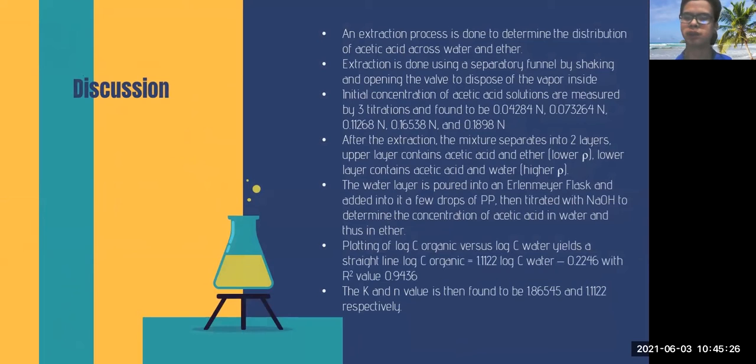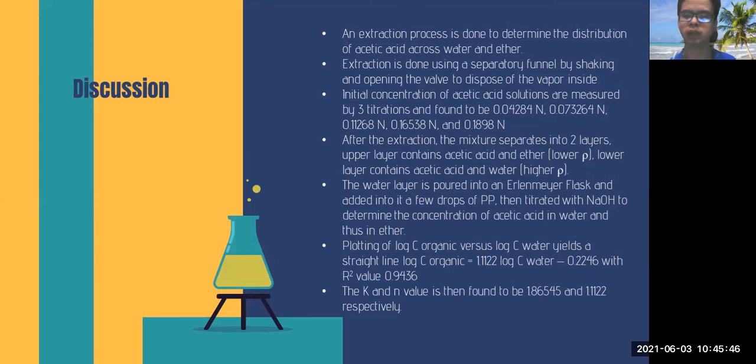Initial concentration of acetic acid solutions are measured by 3 times titration with sodium hydroxide solution and found to be as follows. After the extraction, the mixture will separate into 2 layers, with the upper layer containing the acetic acid and ether, and the lower layer containing the acetic acid and water.